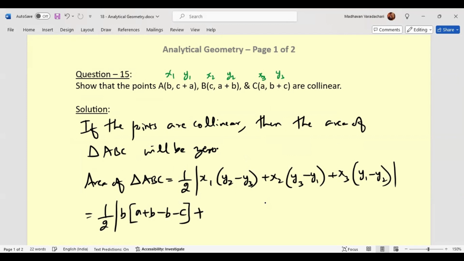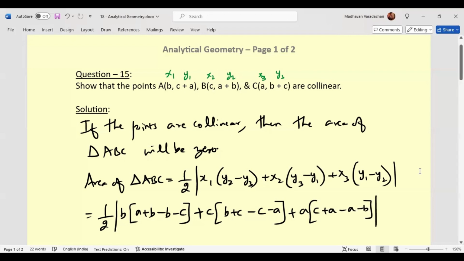Plus x2. x2 is b, y3 is a+b minus y1, which is b+c, plus x3. x3 is c, y1 is b+c minus y2, which is c+a, under modulus.